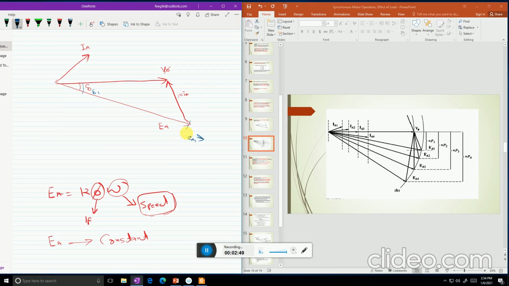So this magnitude will remain constant. Then this will be EA1 and this will be delta. And when load increases, the value of IA also increases.